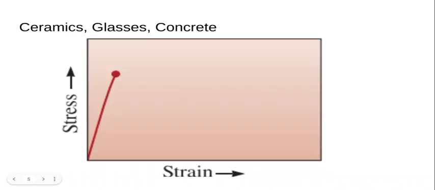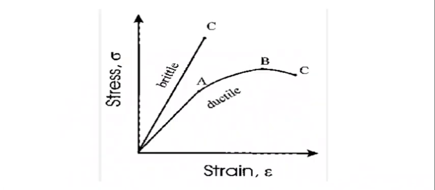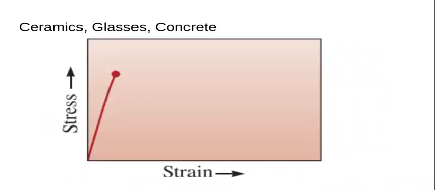and goes up. Next we have ceramics and glass. They are similar because they're both brittle, which means they can break easily.